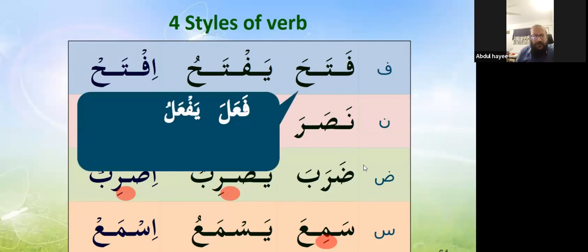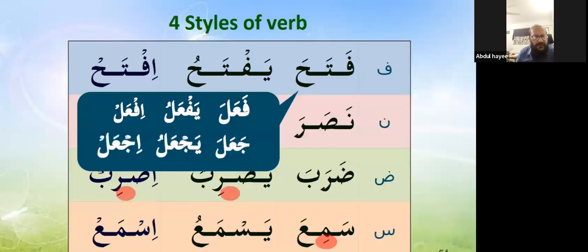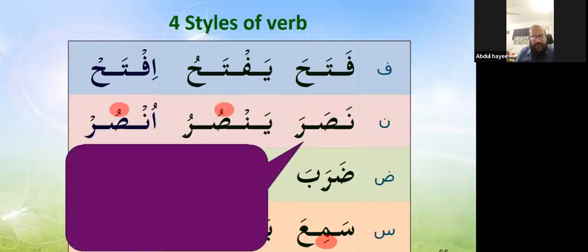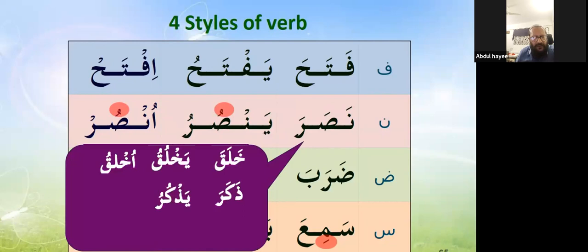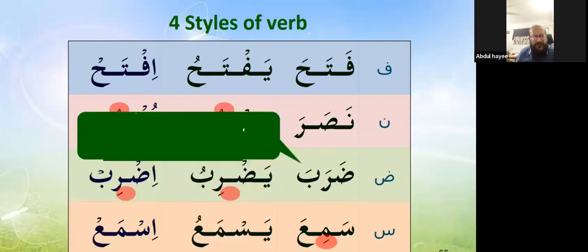So I am talking about all the 11 verbs. Look, from fataha, yaftahu, ifta, we have fa'ala, yaf'alu, if'al, ja'ala, yaj'alu, ij'al. These are three verbs. Look at nasara. We have nasara, yansuru, unsur. The next is khalaqa, yakhluqu. Look, zakara, yazkuru, uzkur, abada, ya'budu, u'bud. These are the four in the second set. Look, daraba is the only one: daraba, yadribu, idrib.